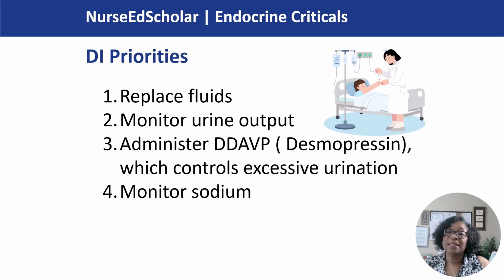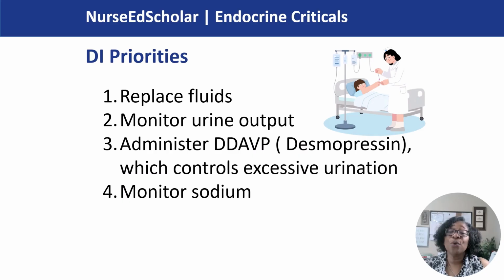Now, with diabetes insipidus, the priority is replace fluids. IV, I guess you could do oral, but IV, because they're losing so much fluid. We're going to monitor the urine output. You may see orders for desmopressin or DDAVP, which controls excessive urination. Okay.